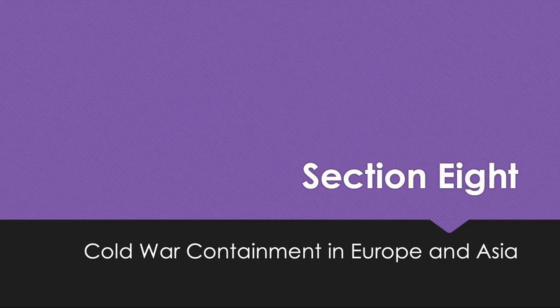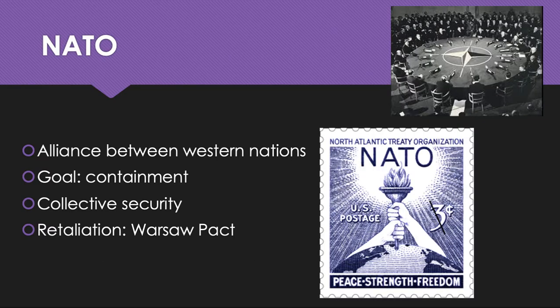Remember, we're getting rid of the idea of imperialism and we're controlling these places by instilling the same ideology and then getting trading partners and allies in that way. So let's jump right in.